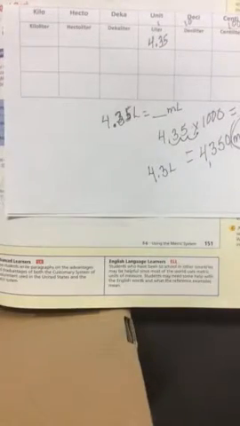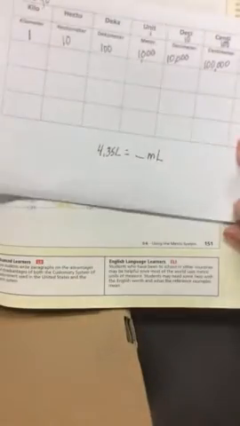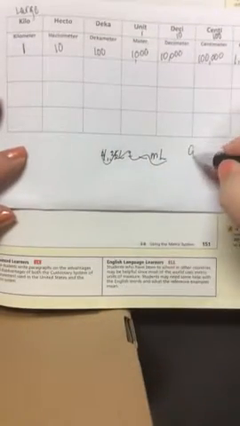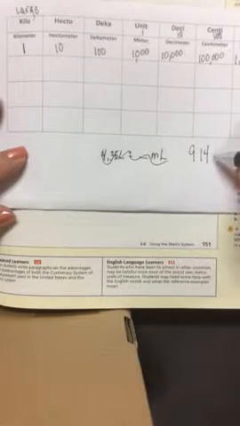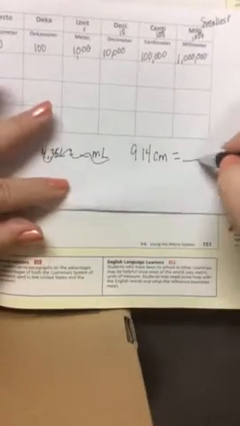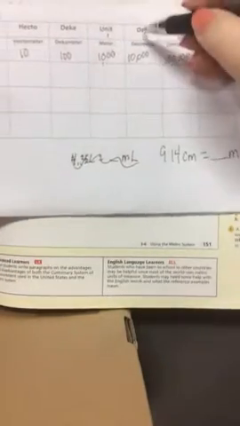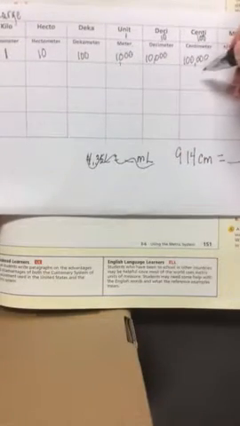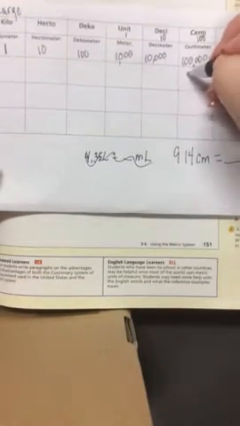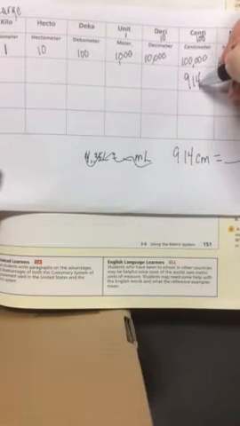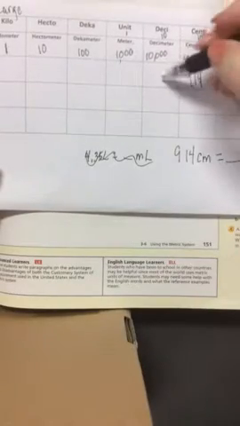Okay, the second one is back to dealing with centimeters. So let's take a look at this. 914 centimeters equals how many meters? Okay, now we know that we've got our centimeters right here, 914, and we want to go to meters.